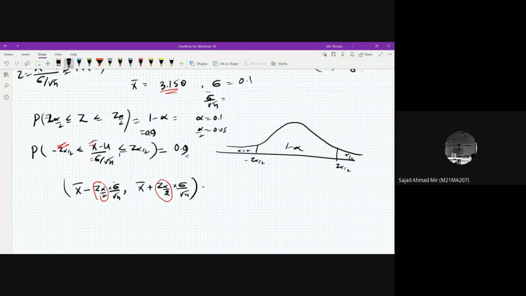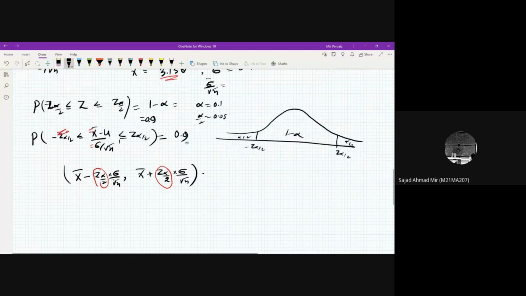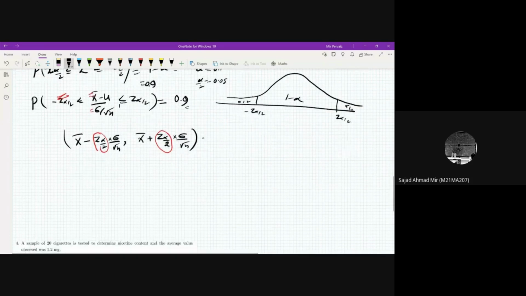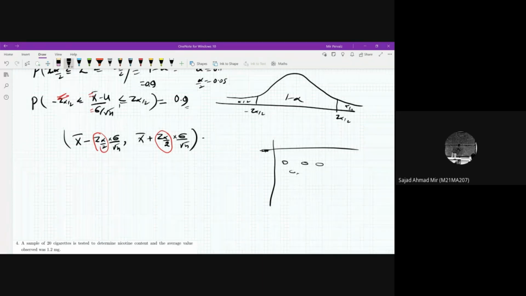I'm assuming that you know how to get it from the normal table. In the normal table you will have different probability values, and you calculate the value of z based on which table it is. Do you know, or shall I show how you look into the z table?